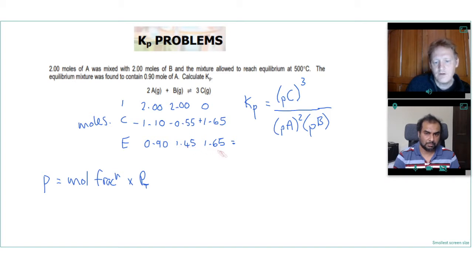So 1.45, 1.65 would be 3.1. Add the 0.9 would be 4 moles. So our mole fraction is the moles of our reactant and product divided by the total moles. So put MF for mole fraction. So for this it would be 0.9 over 4.